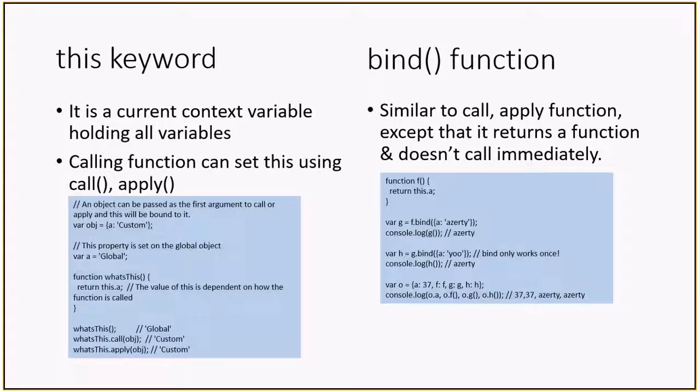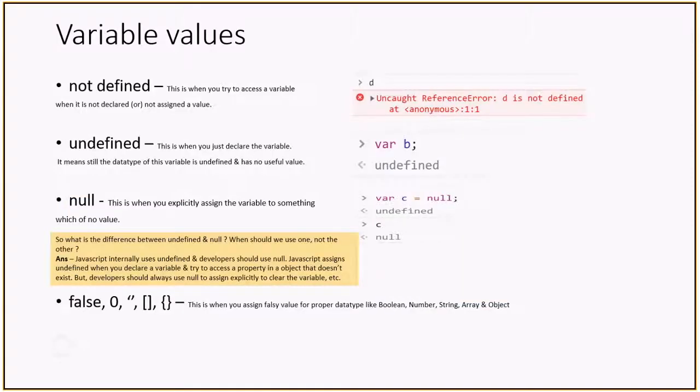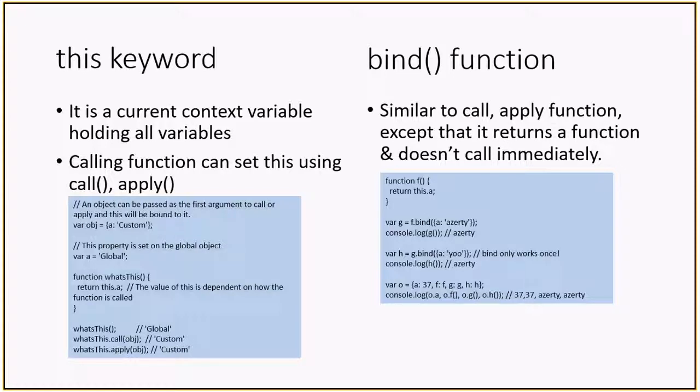That's what happens here. I'm calling this function by using the obj parameter. In the obj parameter I have a as a custom value, but this one is global. I'm asking to call this function using this value, not the actual this. That's why it's changing.